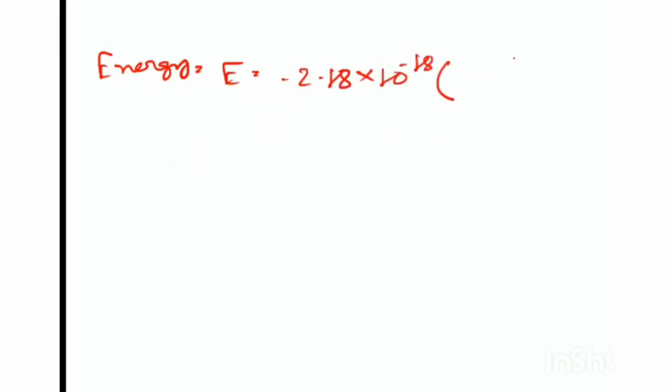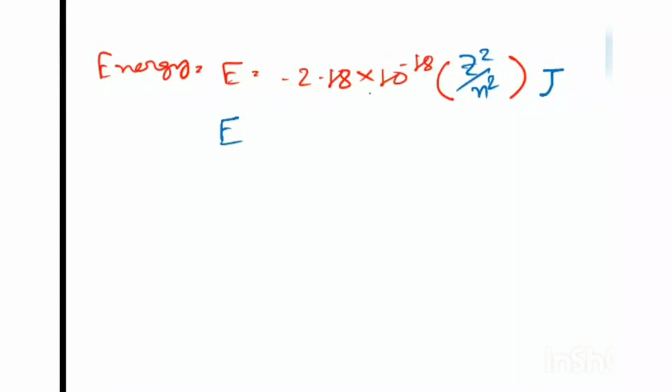So we have to see some formulas regarding it. The first formula is regarding energy. That is, what is the energy required to go from a higher energy state to a lower energy state or vice versa. The formula comes like this: Z square by n square. We're not going to discuss the derivations because it doesn't come in the exam.